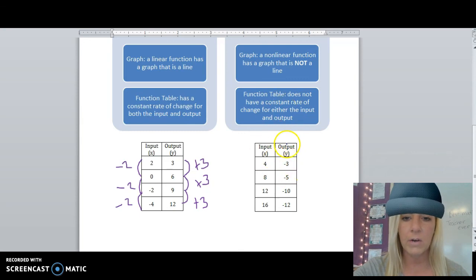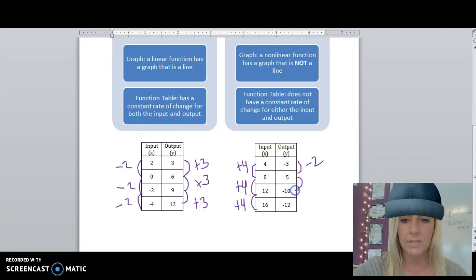Let's look at our nonlinear function. A nonlinear function table does not have a constant rate of change for both the input and output. Let's look at our input values. From 4 to 8, I can add 4. 8 to 12, I can add 4. From 12 to 16, I can also add 4. To go from -3 to -5, I can subtract 2.